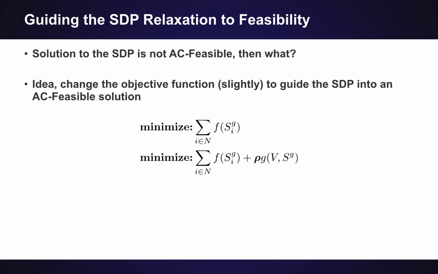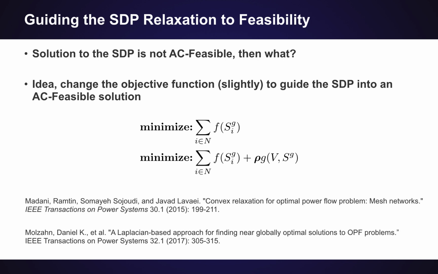So basically, if the original objective function was some function of the generator outputs, we're going to add a new term and multiply it by some penalty parameter p, and we'll have some function of the decision variables v and sg, and then we'll use this penalty term in these functions to drive the SDP away from maybe its favorite solution and towards an AC feasible solution.